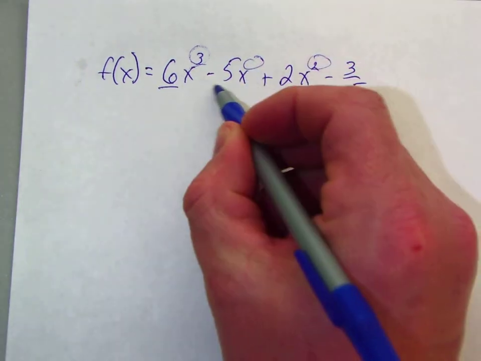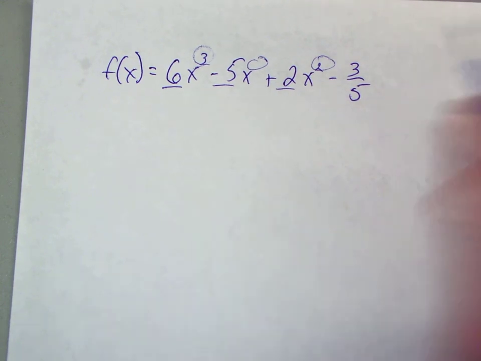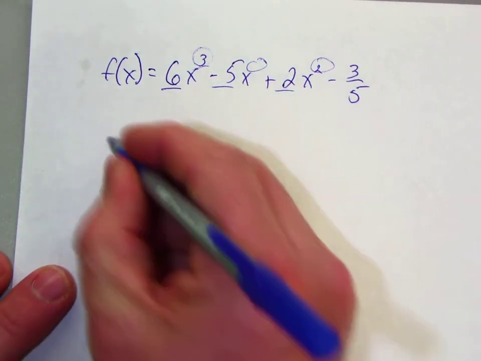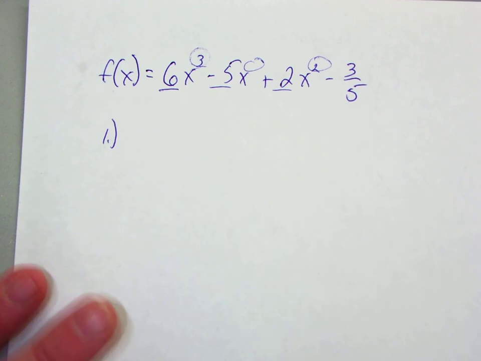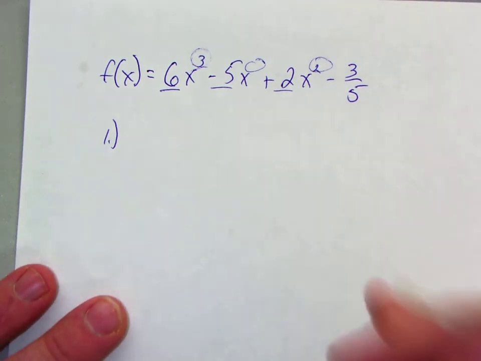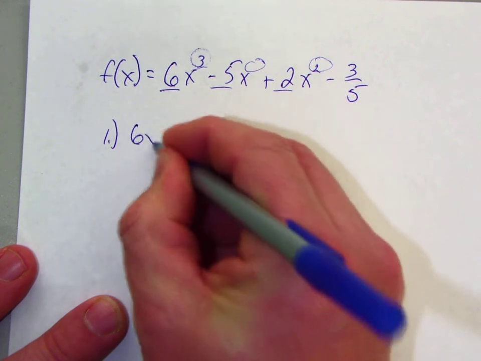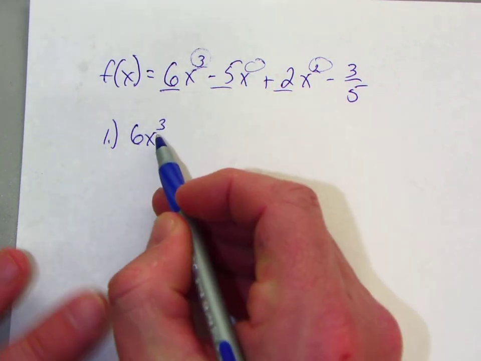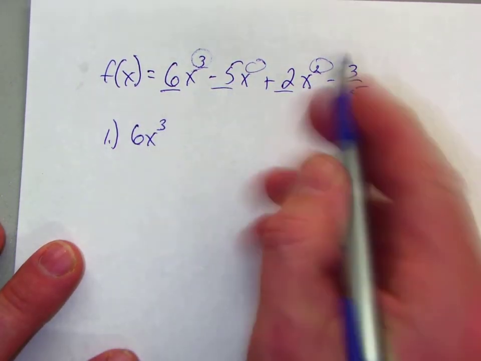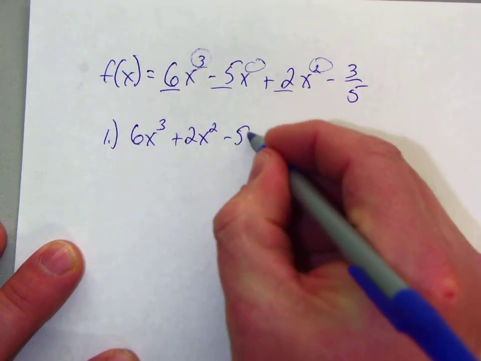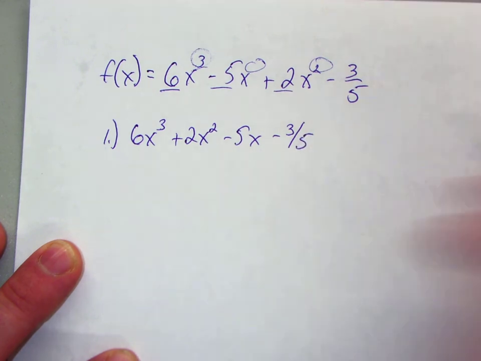My coefficients, 6 and negative 5, positive 2, are real numbers, so this is a polynomial function. So the first step is put this in standard form. The variable with the largest exponent is 3, so that goes first. Then the next one is squared, so it'll be 2x squared. Then the minus 5x, and then the 3/5.